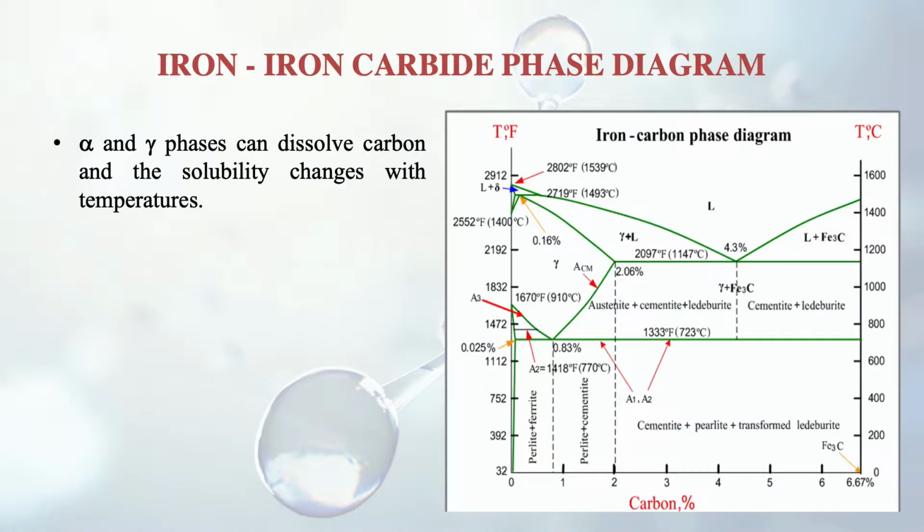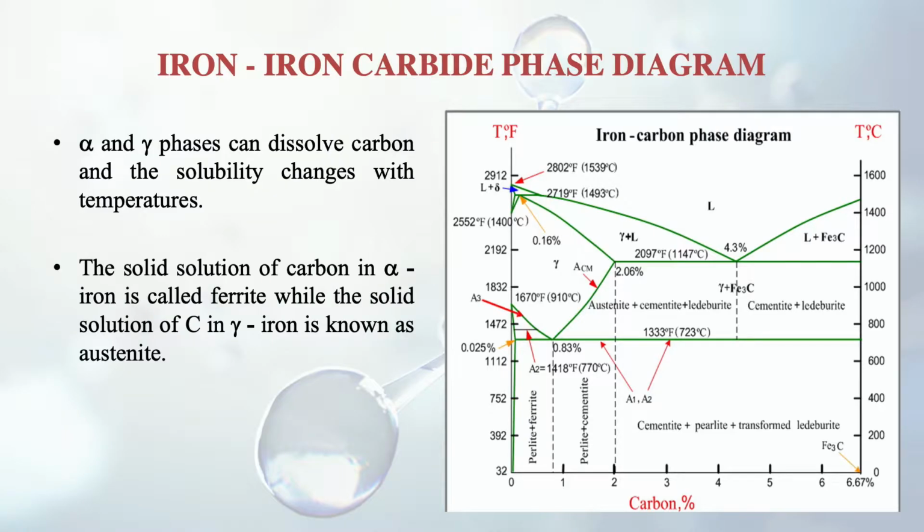Alpha and gamma phases can dissolve carbon and the solubility changes with temperature. So you can see from the diagram that alpha and gamma. Alpha is also known as ferrite and gamma is austenite. These can dissolve carbon, but they dissolve carbon to different ranges. The solubility here changes with the temperature.